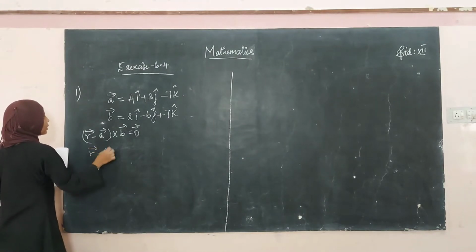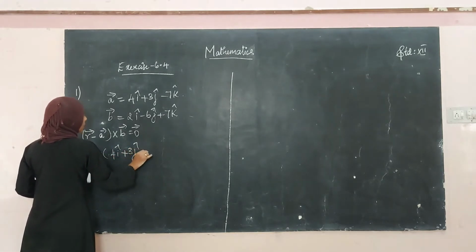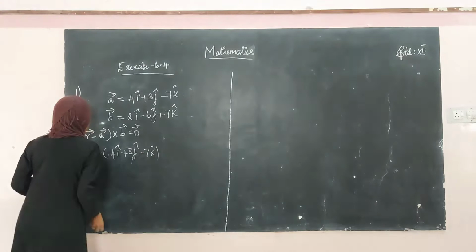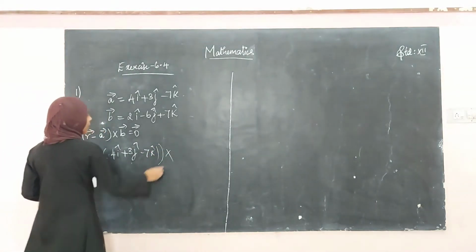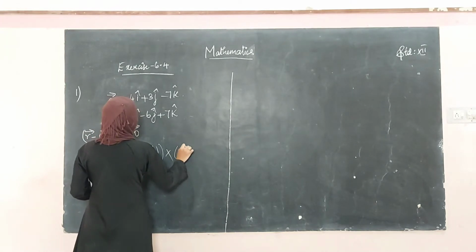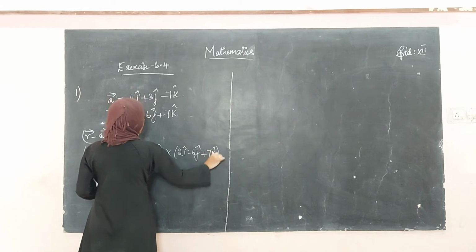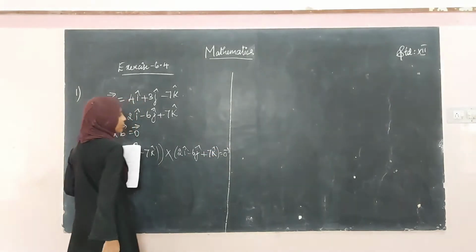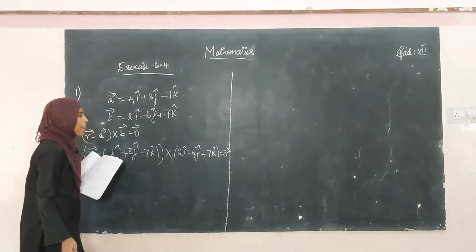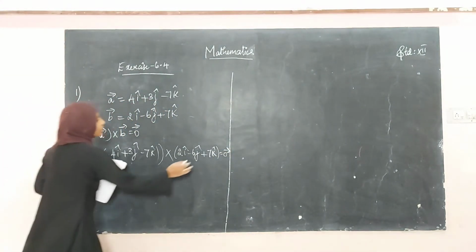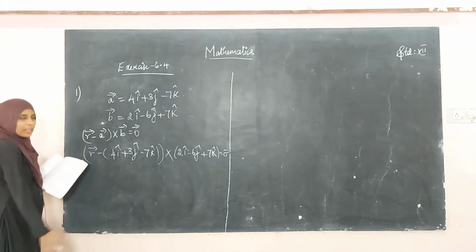R vector minus, what is A vector? 4i cap plus 3j cap minus 7k cap, cross, what is B vector? B vector is 2i cap minus 6j cap plus 7k cap, equal to 0 vector. Okay, so this is the answer for this. This is the non-parametric form of the vector equation.